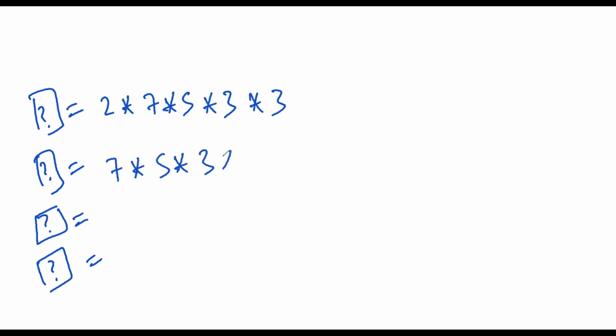Let us take another example. There is some number. Let us take 4 numbers this time. There could be any numbers. So this number can be written as 2 into 7 into 5 into 3 into 3. This is by prime factorization, so I can't write 6.